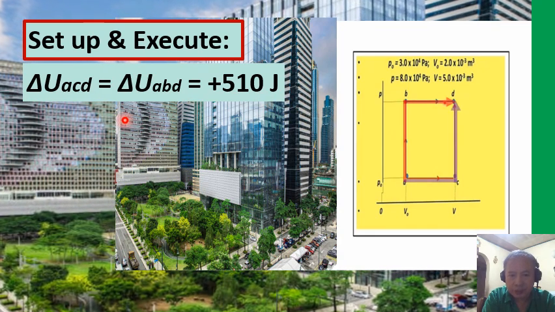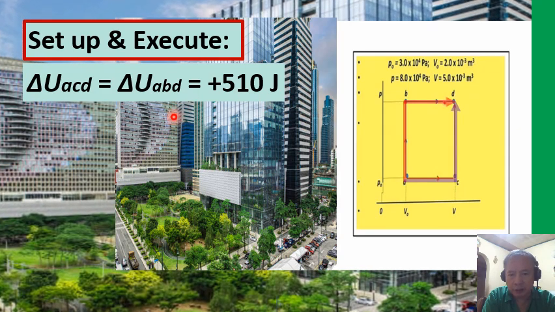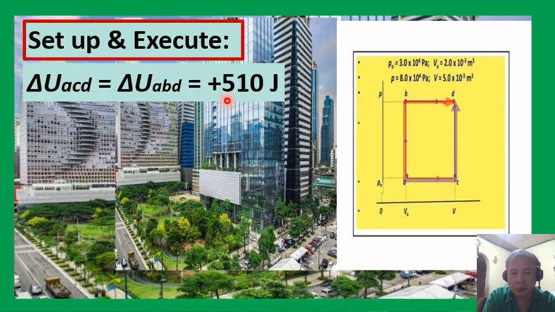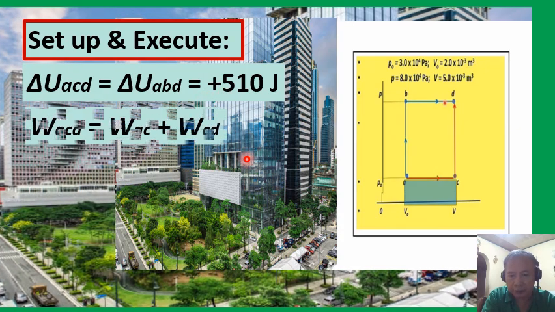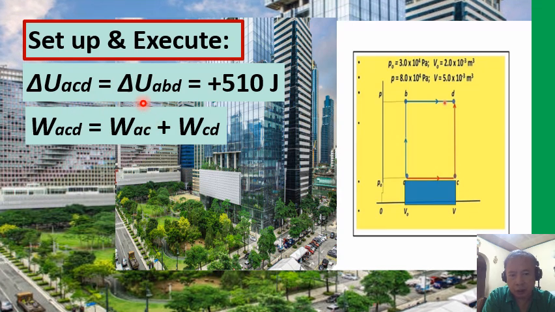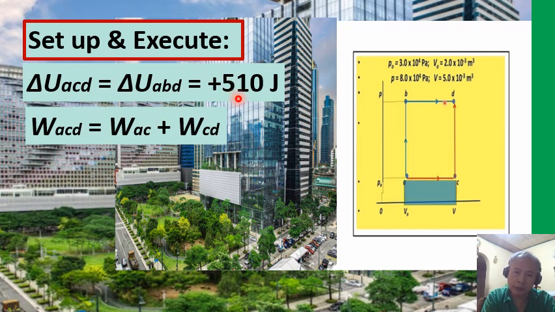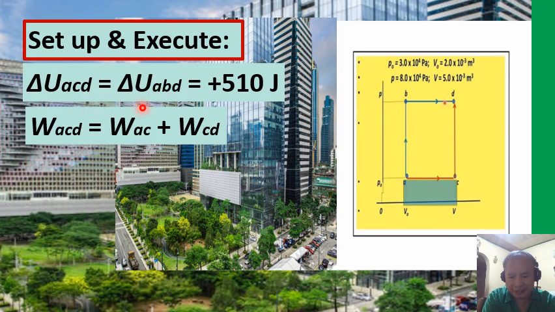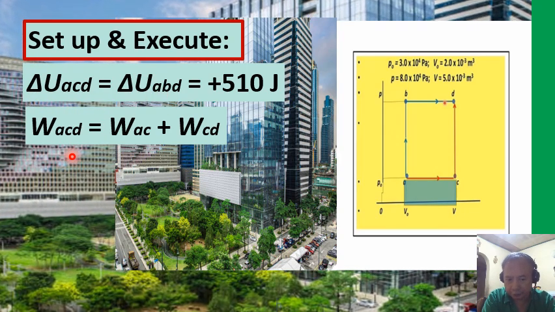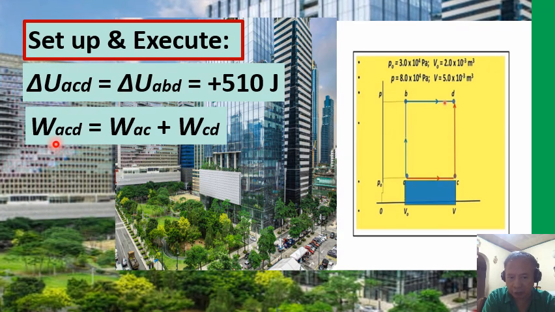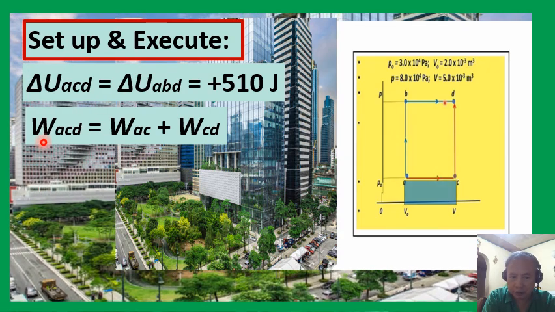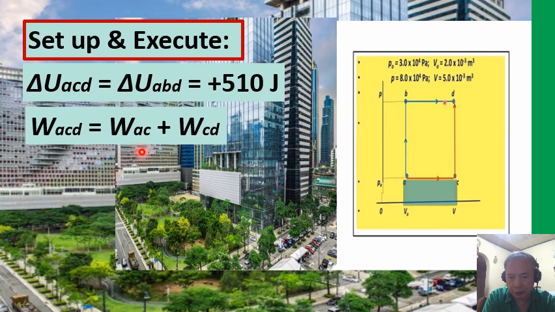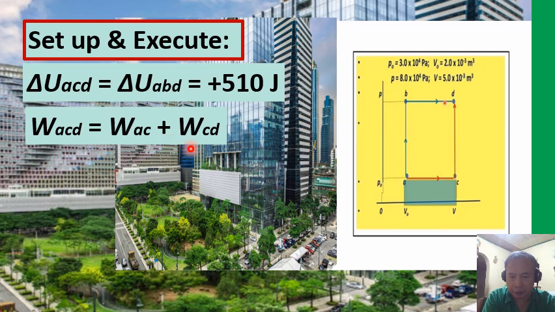And since we have already determined the change in delta U along the path ABD equal to positive 510 joules, that amount of delta U, positive 510 joules, is also the same as delta U ACD. And so we can also express the work done W sub ACD as the sum of WAC plus WCD.